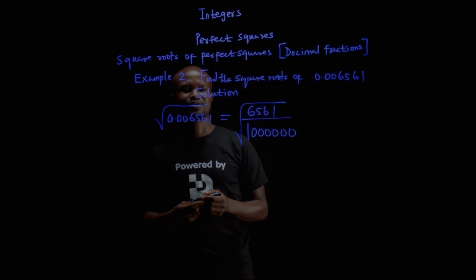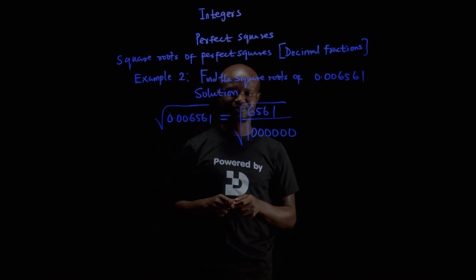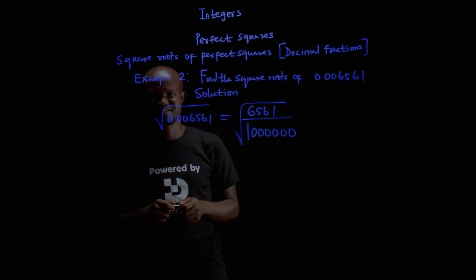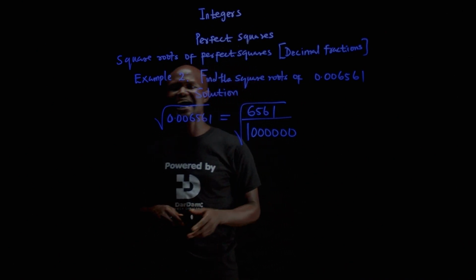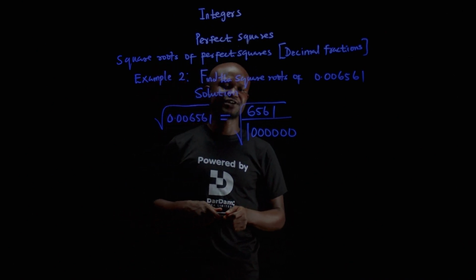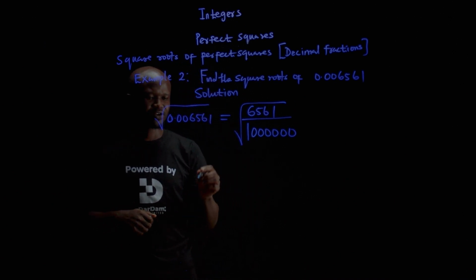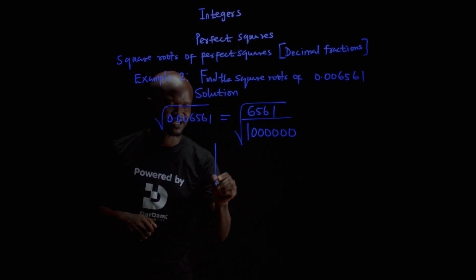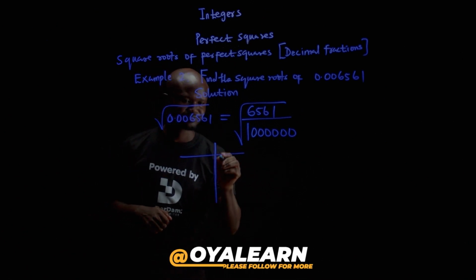Now, for the numerator, we have 6,561. How do we find the square root of this? Before we can find the square root, we are going to apply the rule of divisibility in solving this problem. So in that case, let's apply division.